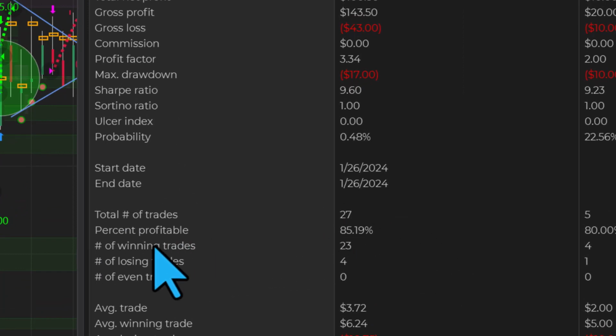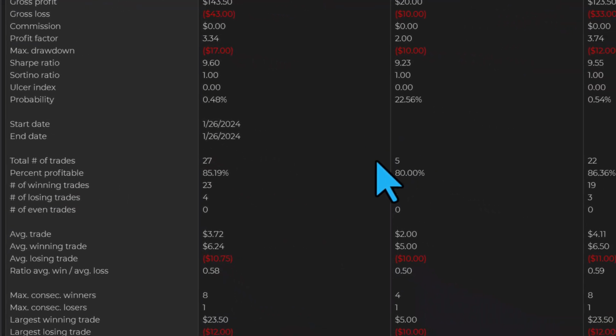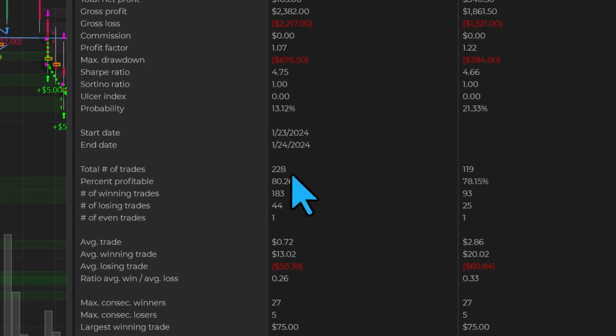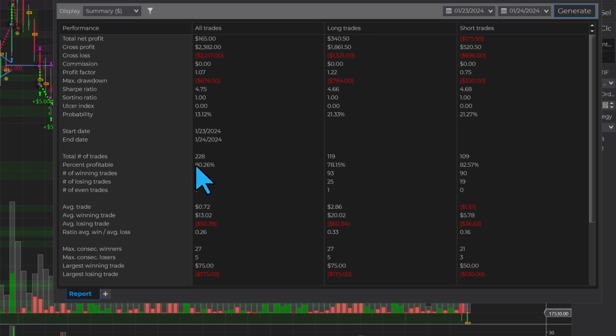This is today. How many trades did I take? I took 27 trades, 5 long trades and 22 short trades, 80% in the long and 86% in the short. Not too bad.